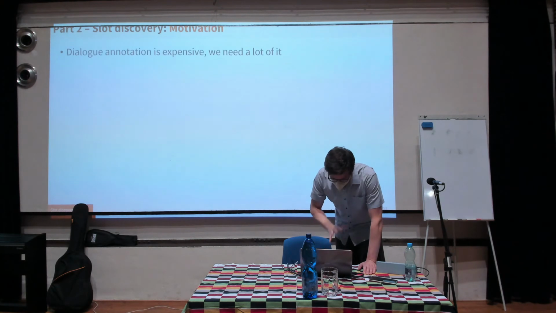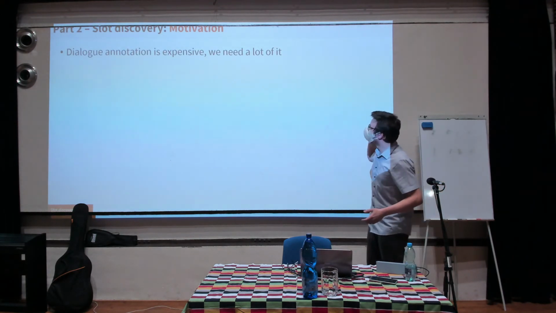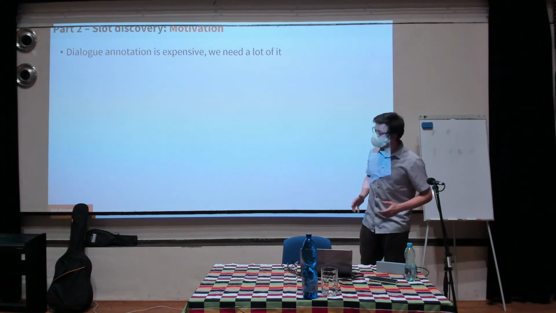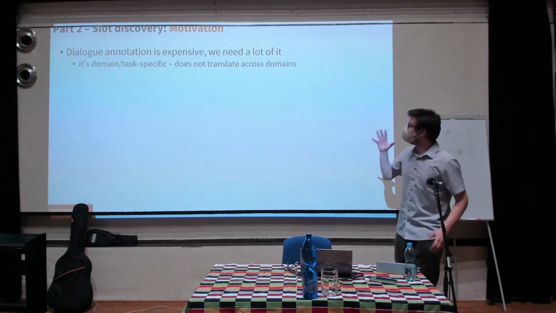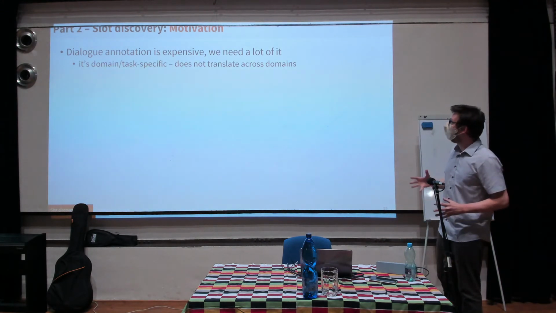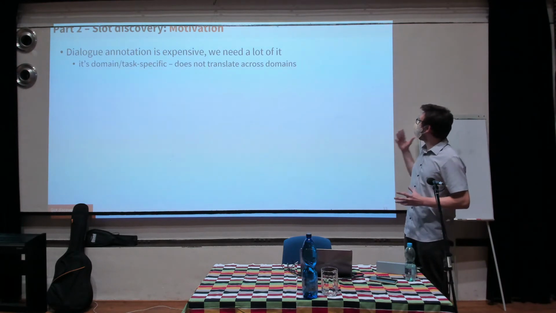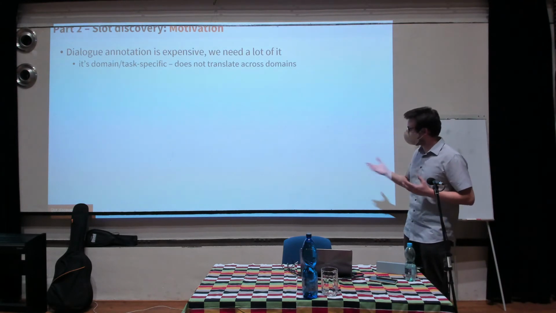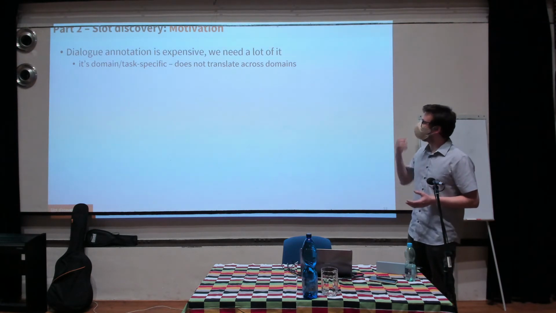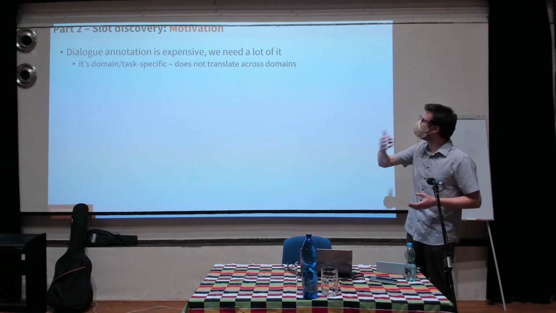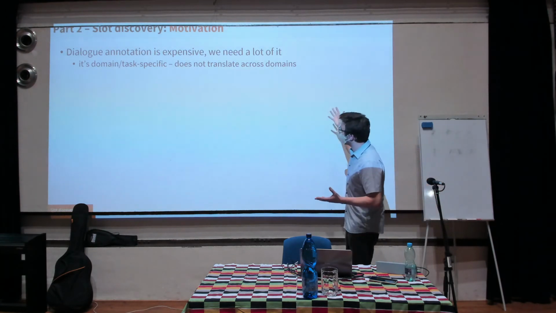So this is a slightly different experiment, but it follows from the last point. You need a lot of annotation, and it's expensive to get, and also it's domain or task specific. So the annotation you have for MultiWOZ doesn't really translate. If you had a dialogue system that would recommend what movies you want to go to and book you a ticket, it will not work, because it's a completely different domain.